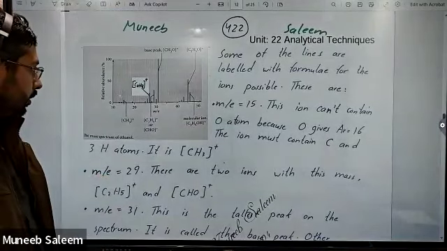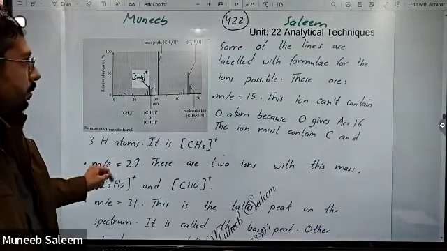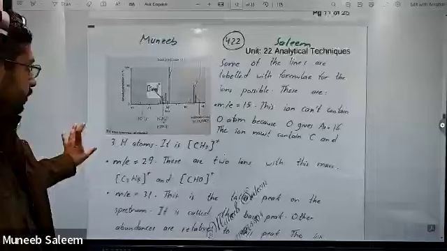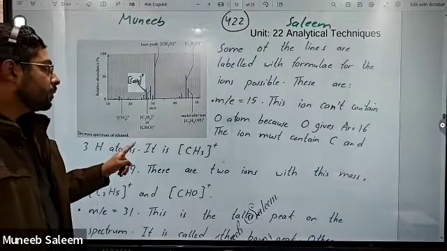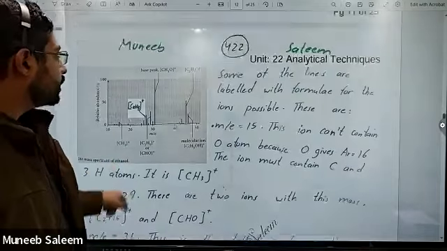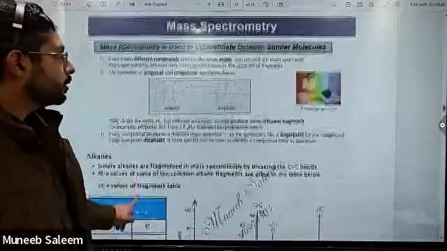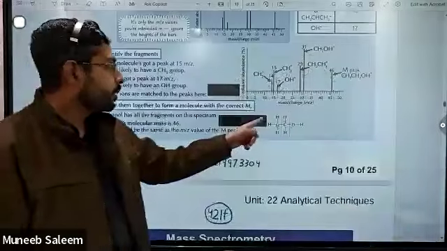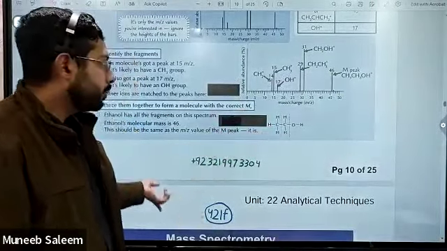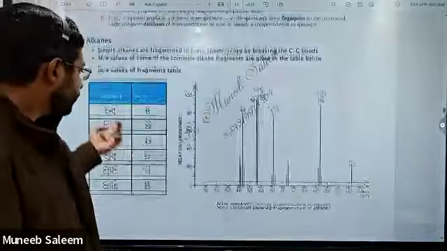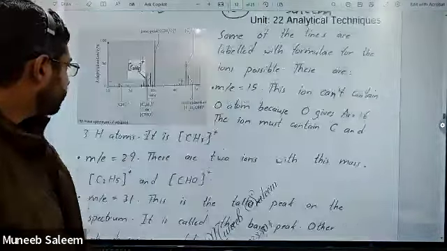Now this is of ethanol again. Another graph is provided here. You can match this graph with the ethanol spectrum over here, so you will find similar values in both of these spectra.